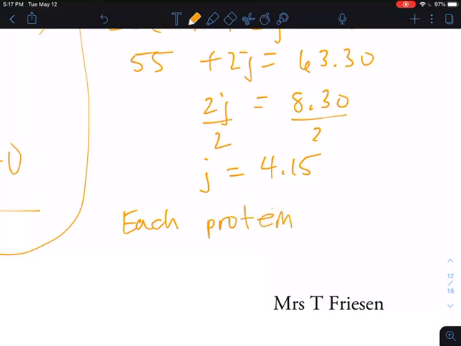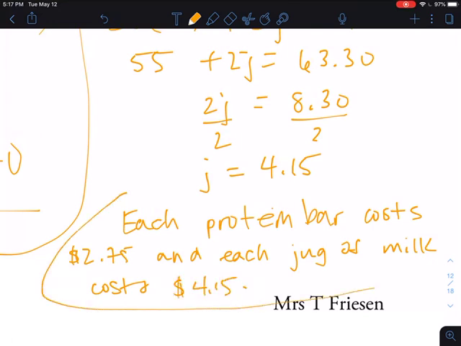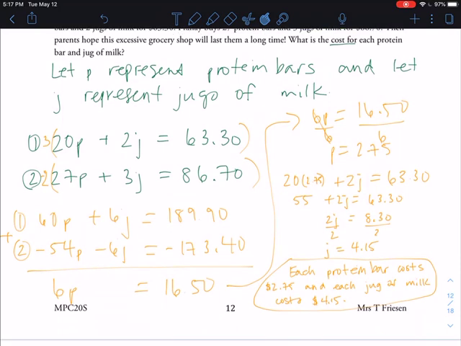So we saw that each protein bar costs $2.75 and each jug of milk costs, how much did we say? $4.15. And I want to remind you that we want to always be putting our correct units in our final answer, especially because in a word problem, there's context. So there we go.